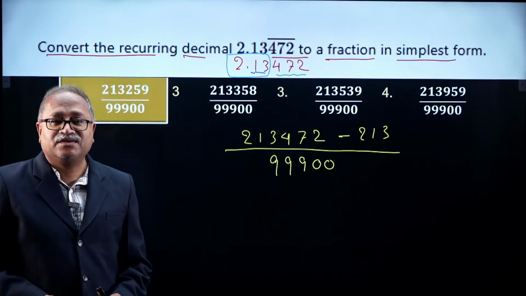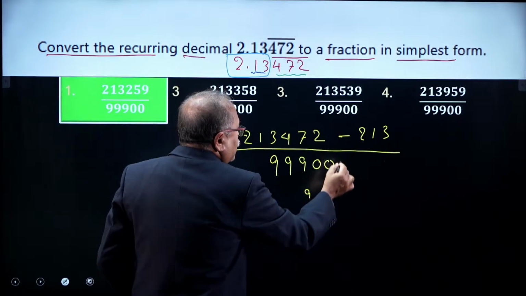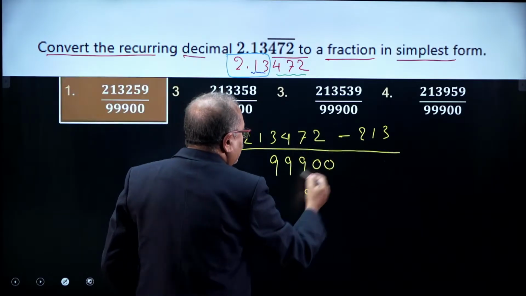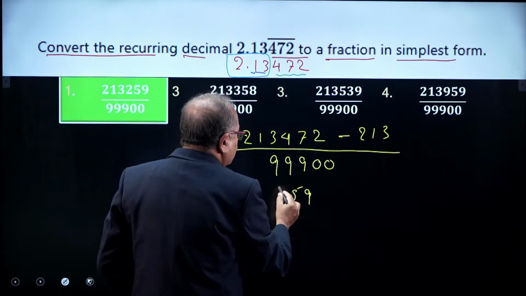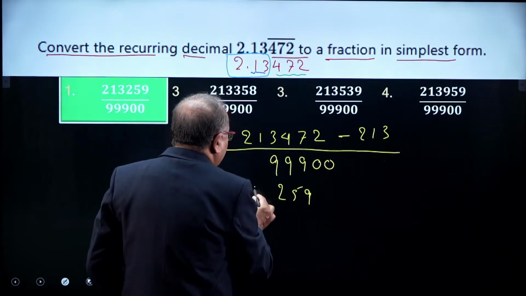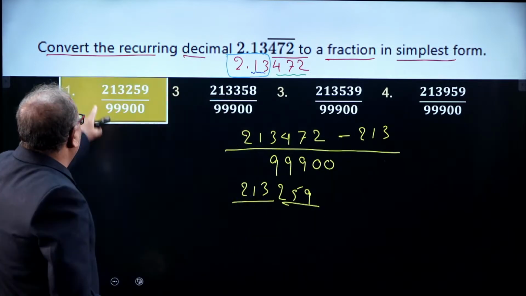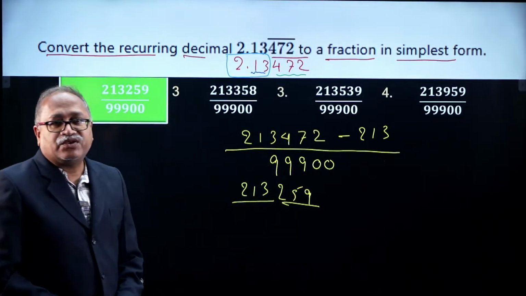That's your answer. So let me check what comes: 12, 9, 6, 1 that is 5, and 4, that's 2, and 213 will remain the same. 213259 by 99900.